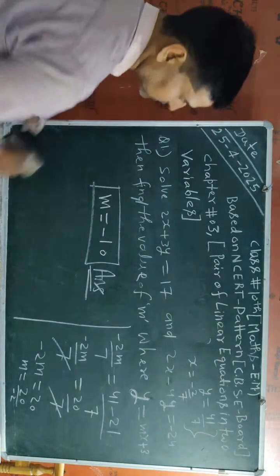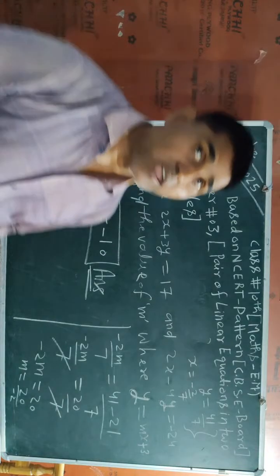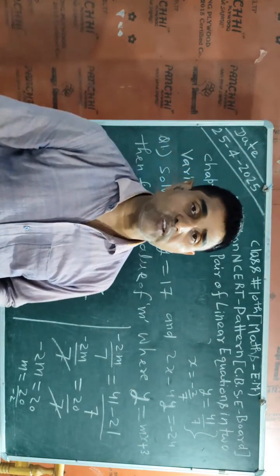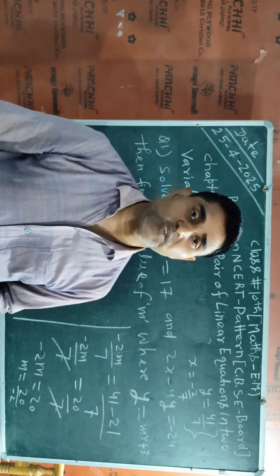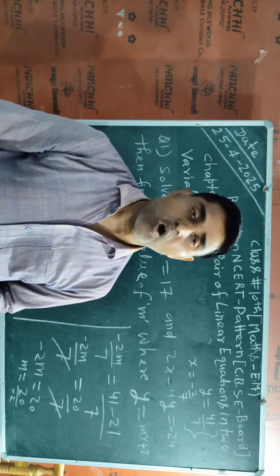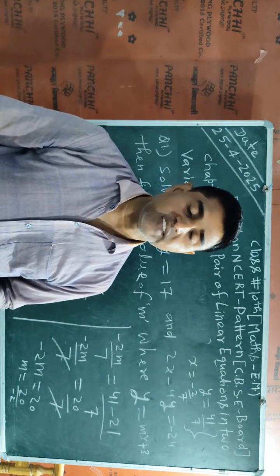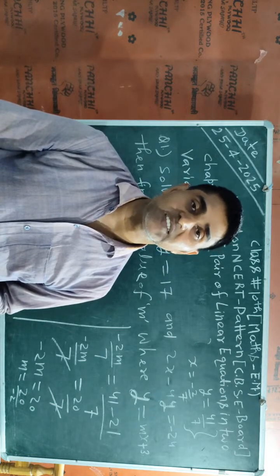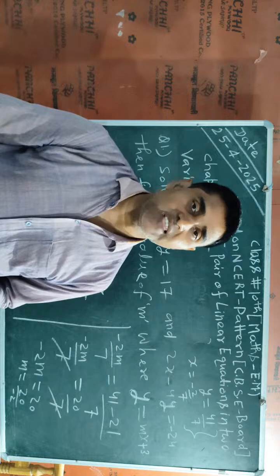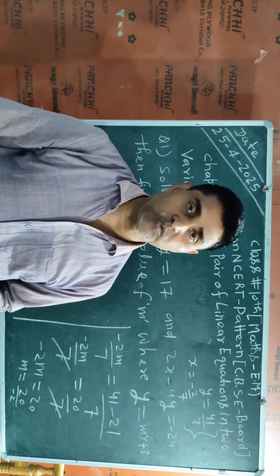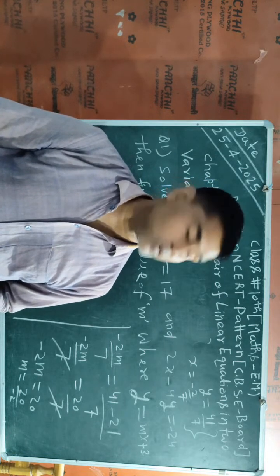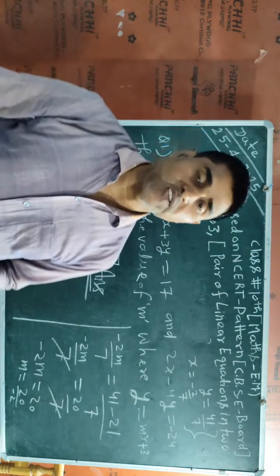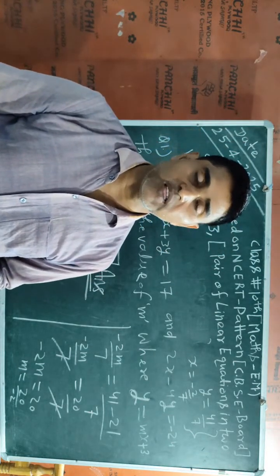So all concepts of the pair of linear equation in two variables I have already explained. There are three conditions. All these three conditions I have explained, and I have also solved one numerical, and that numerical is also following one condition.